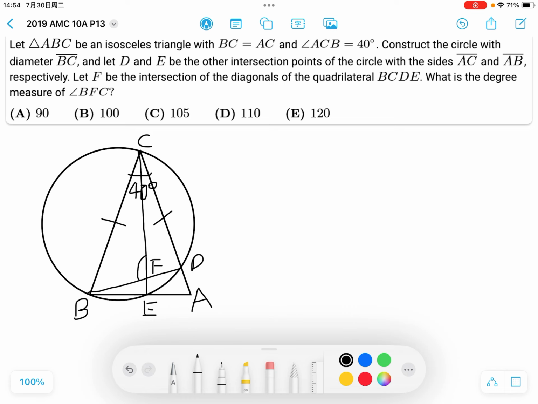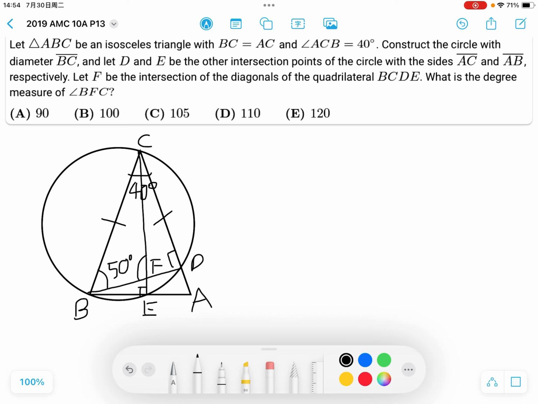That is also 90. So this is an important property you have to know to do problems related to circles. So using that information, we know that angle BDC is 90. And angle BEC is also 90. So that's really, really useful information. So we know angle BDC, we know angle BCD, so we can figure out angle CBD. That's just 50 degrees. So 180 minus 40 minus 90, so that's 50 degrees.